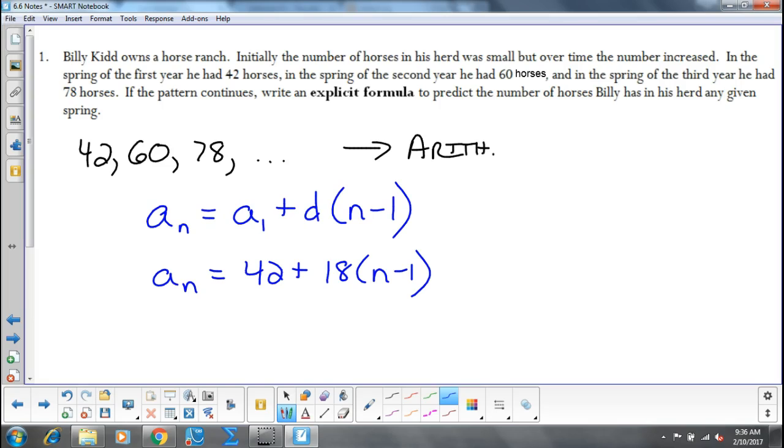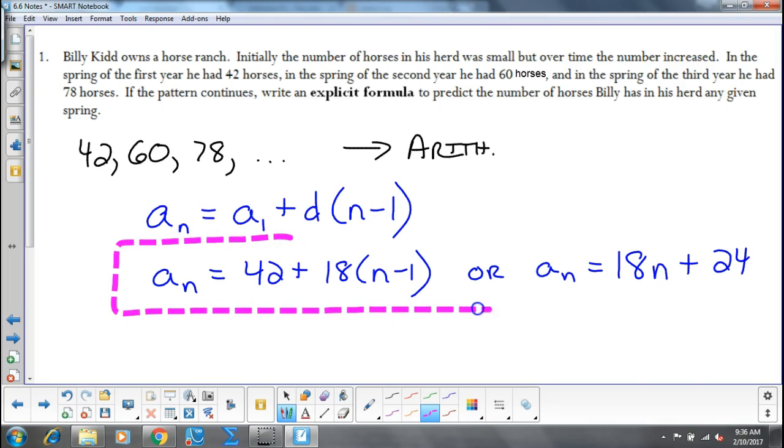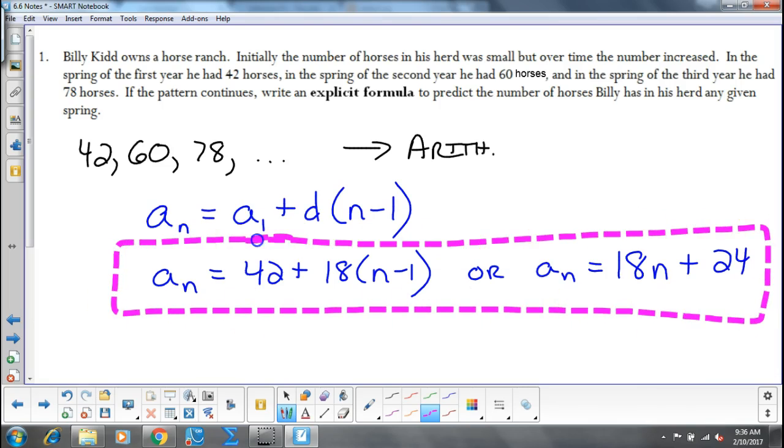Or 18n plus 24 would also work. The only difference between the two is that on the second one, I actually did the distribution and then combined the like terms. Questions on that one?